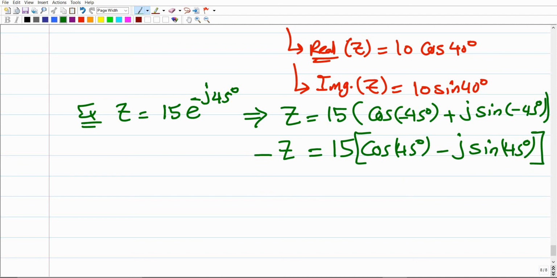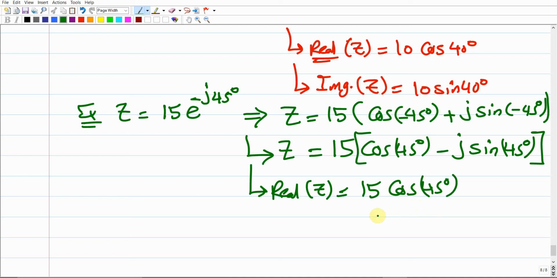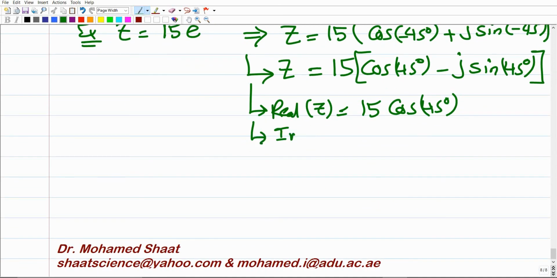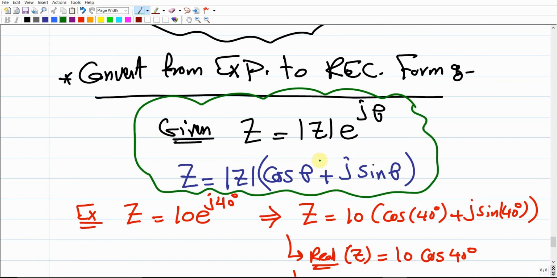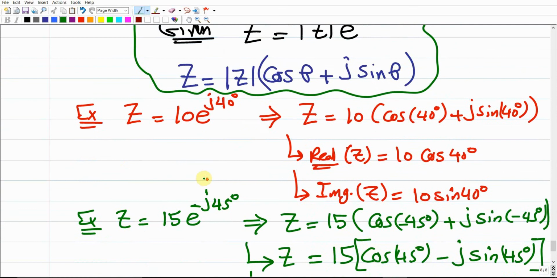Now, if I ask you how much is the real part of z, the real part of z is going to be 15 cosine 45 degrees, and the imaginary part of z is going to be negative 15 sine 45 degrees. Make sense? So this is simply how we can convert the complex number from the exponential form into the rectangular form.